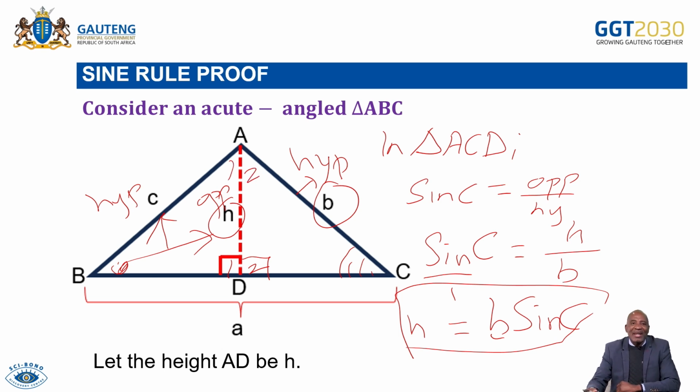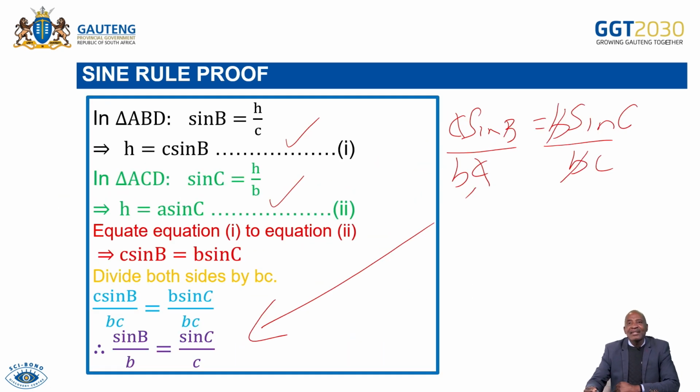We can't apply that because there are some missing parts, which is BD and DC are unknown. So I won't focus on A. I will focus on B, which is a solid angle, and C, another solid angle in a right angle triangle. Therefore, we can apply the trig ratios, which is SOHCAHTOA.